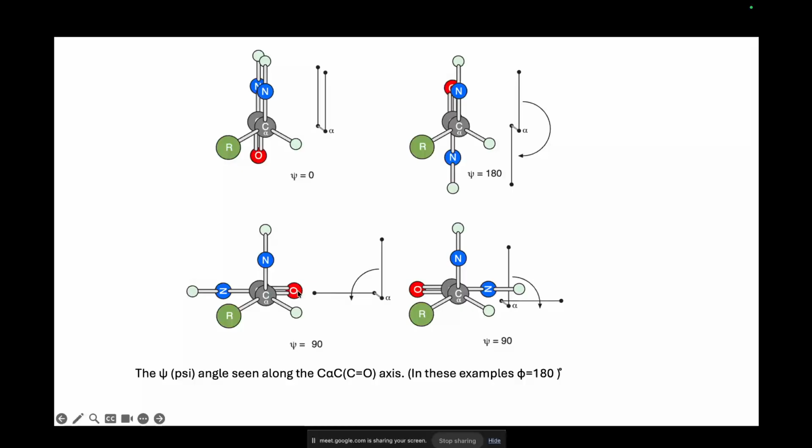So this O will come here and this N will come here. So basically it rotates, right? So this is psi equal to 90 and this is psi equal to 90 again. So basically midway between this rotation, right? So based on the alpha carbon and the carbonyl bond, the angle of that rotation is known as the psi angle, which is the alpha carbon and the carbonyl bond, right?